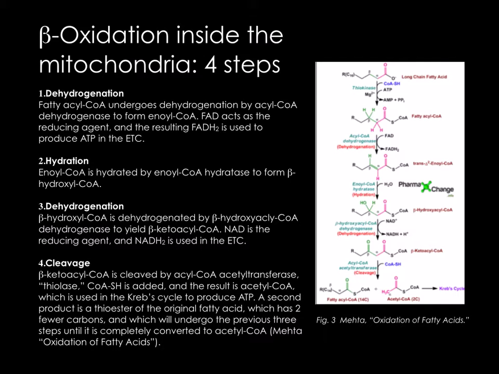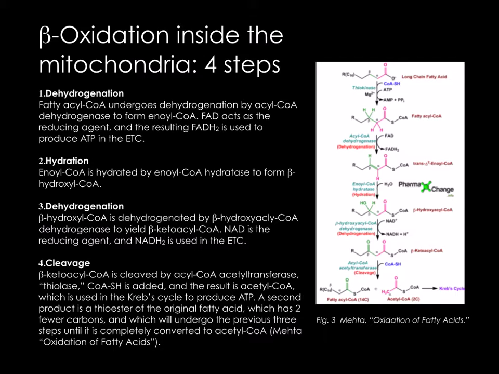Here, our fatty acyl-CoA is going to undergo dehydrogenation by acyl-CoA dehydrogenase to form something called enoyl-CoA. The FAD that's used in this as a reducing agent is going to result in FADH2, and FADH2 is what's used to produce ATP in the electron transport chain. So this is kind of the first way that energy is generated through the pathway.